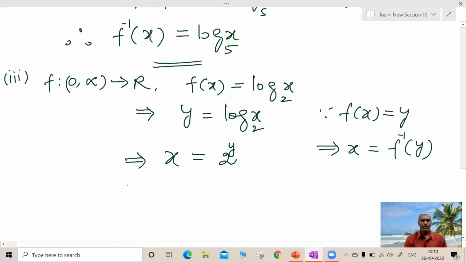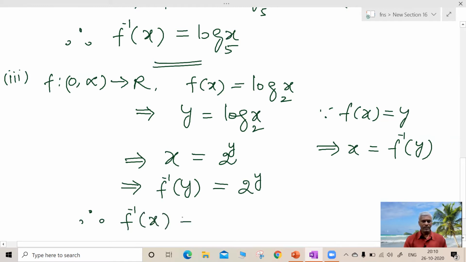So replacing x with f inverse y, as f of x is equal to y, f inverse y is equal to 2 to the power y. This is the inverse function, and generalizing this one, f inverse x is equal to 2 to the power x. So this is the inverse of the given function.